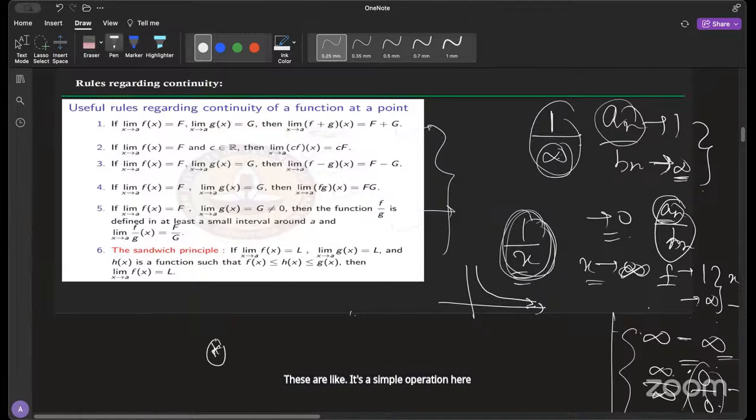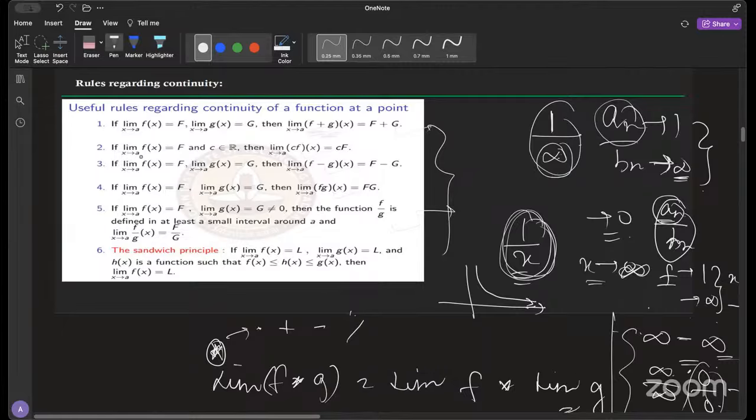Let's just call this operation multiplication, division. You can use anything here, into, plus, minus, and division. And then if you see this thing, limit, you can just separate them. This is what all of these say, right?